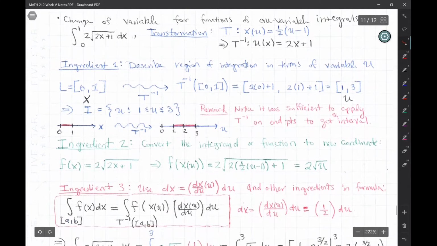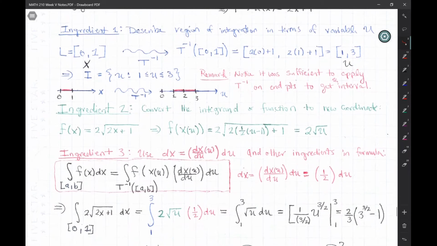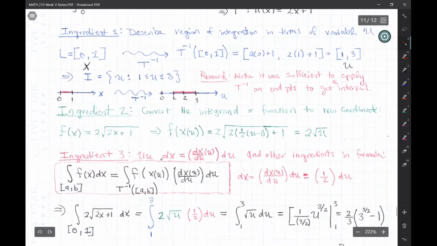And the third ingredient is to use this length element, if you will, to get an expression between dx and du.